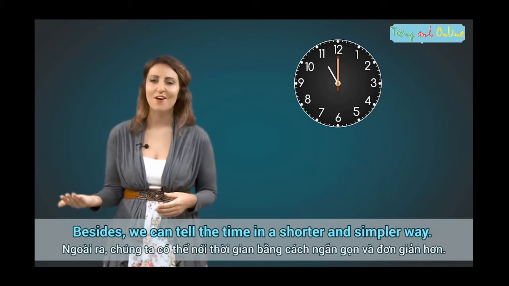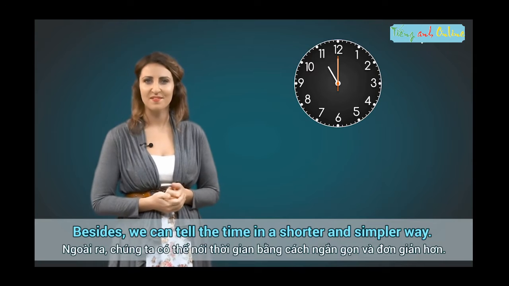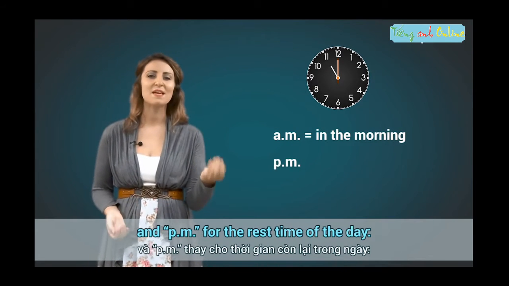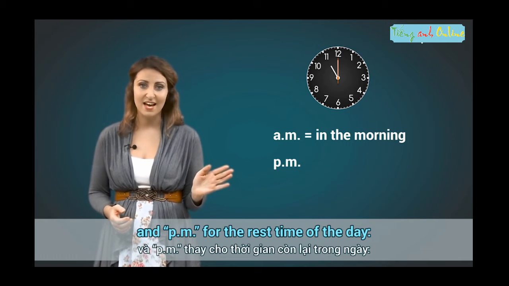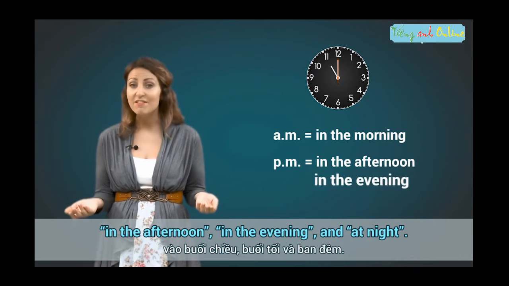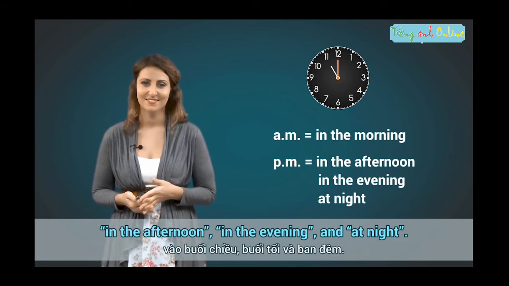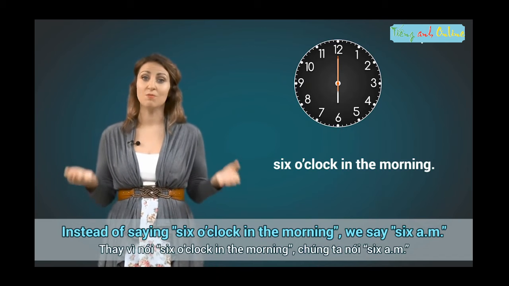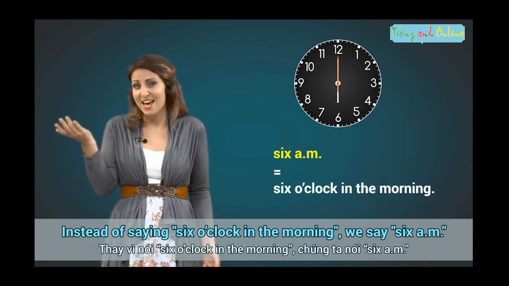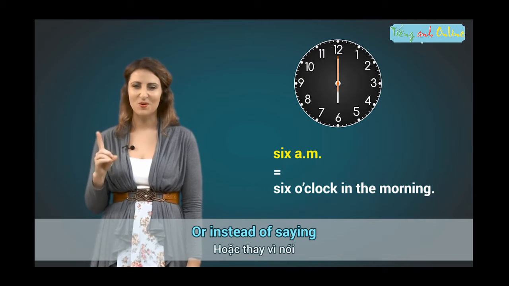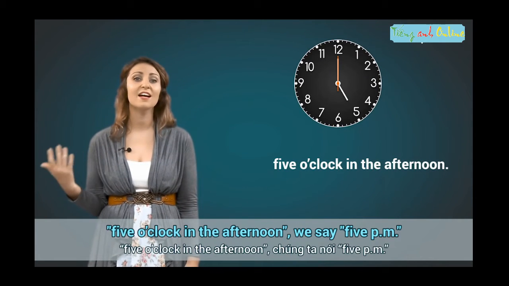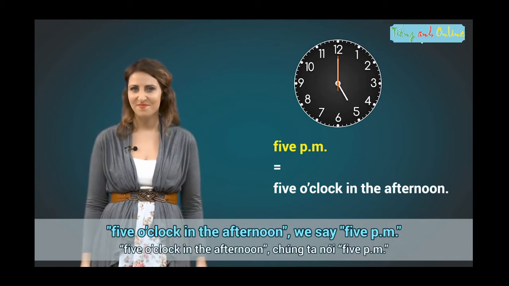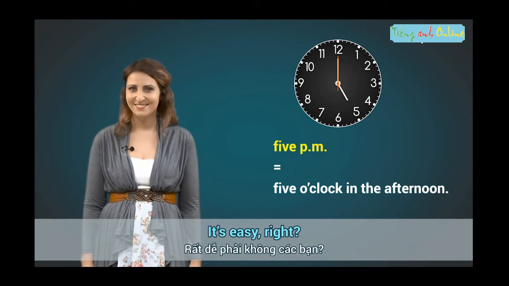Besides, we can tell the time in a shorter and simpler way. We use AM instead of in the morning and PM for the rest of the day, in the afternoon, in the evening, and at night. For example, instead of saying 6 o'clock in the morning, we say 6 a.m. Or instead of saying 5 o'clock in the afternoon, we say 5 p.m. It's easy, right?